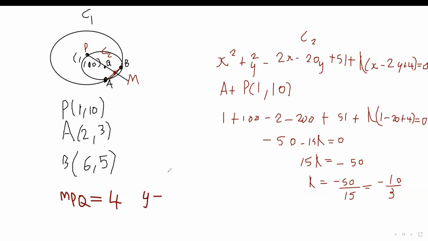So we can use the point P, so the equation of the line is going to be y minus 10 equals gradient of the line 4 into x minus 1. That will simplify to y equals 4x, 4 times minus 1 is minus 4. But when you bring this over here, minus 4 plus 10, that is really y equals 4x plus 6.